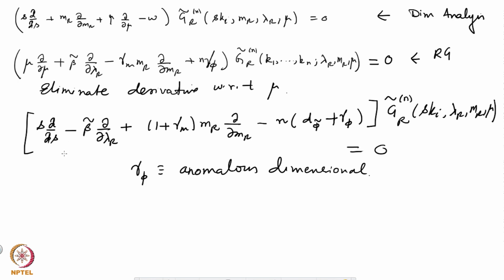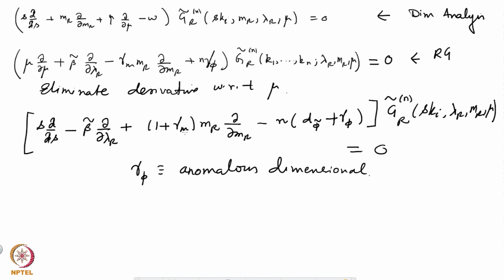So you have s del over del s, and then you have a derivative with respect to the renormalized coupling. It accompanies a beta tilde. And then you have a derivative with respect to the renormalized mass, and you have mr, which is multiplied with 1 plus gamma m.